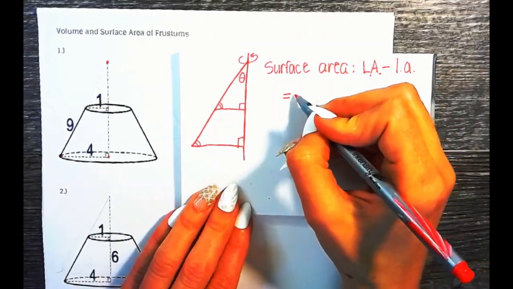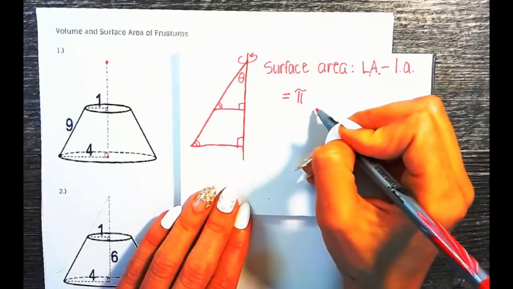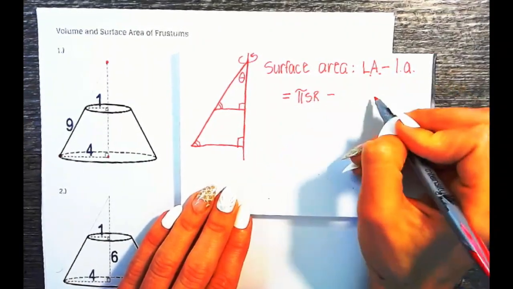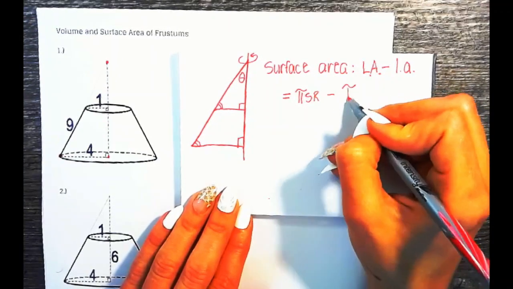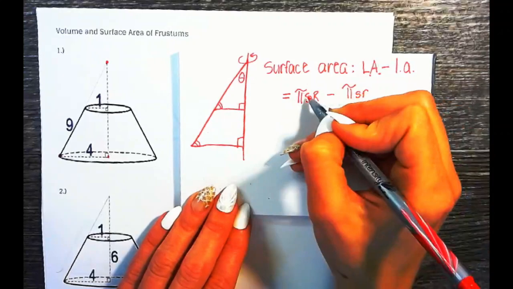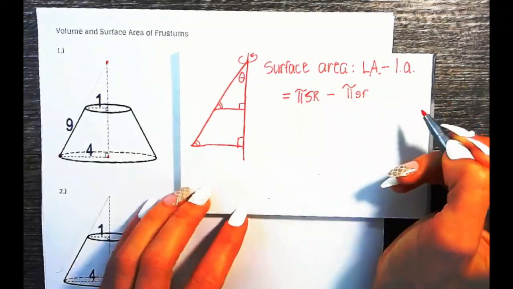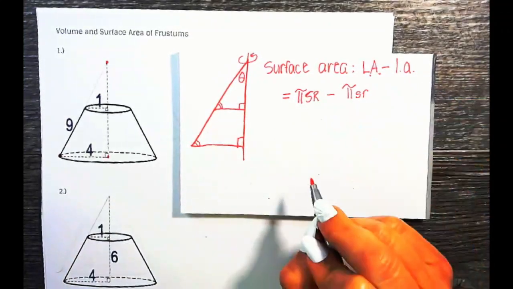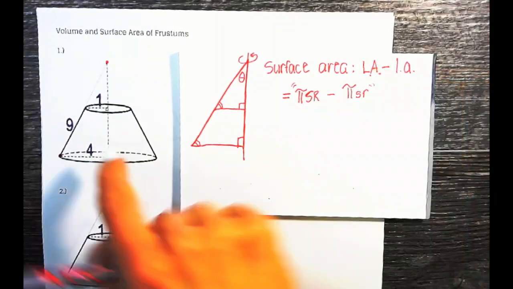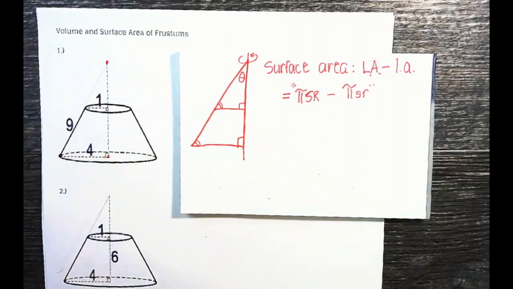The lateral area is pi s r, and then it's going to be minus pi s r, where s is the slant height. So that will get us this lampshade portion.